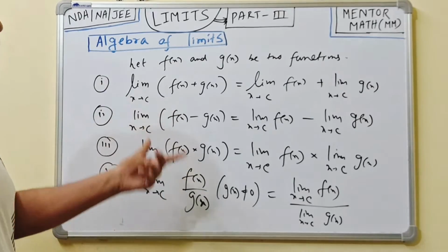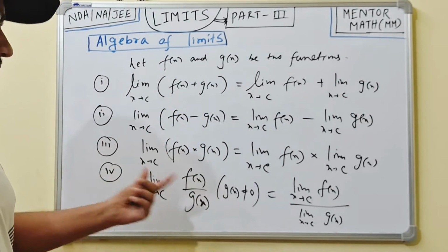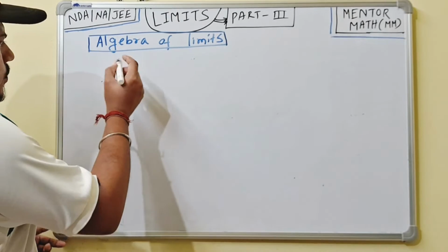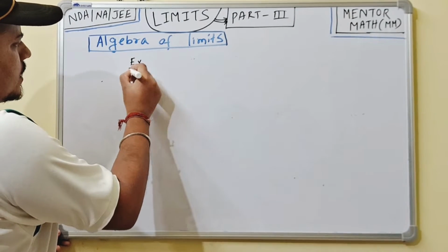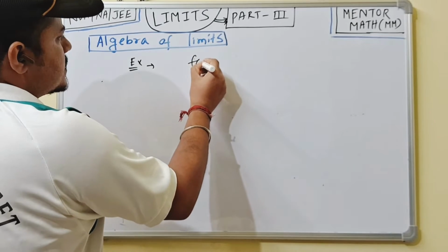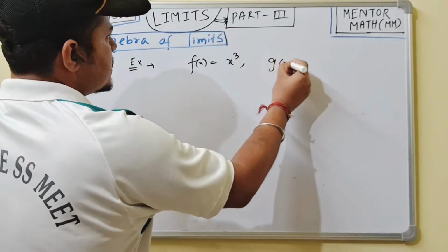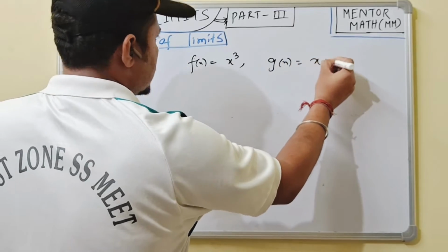We work on addition, subtraction, multiplication and division. Copy this example: f(x) equals x cube, g(x) equals x plus 1.